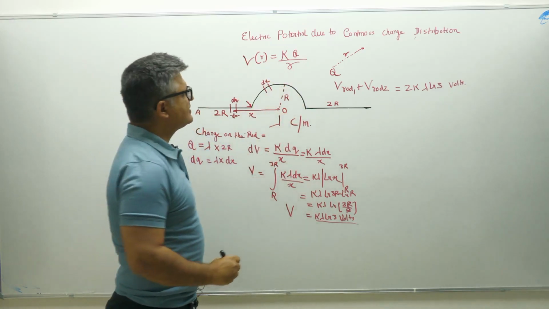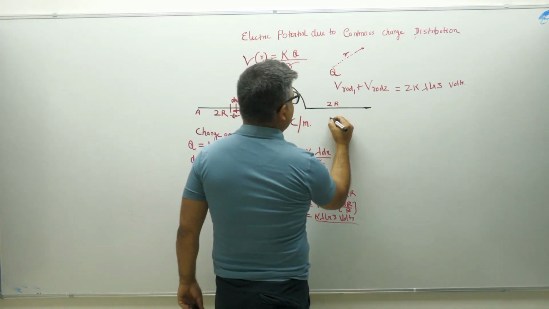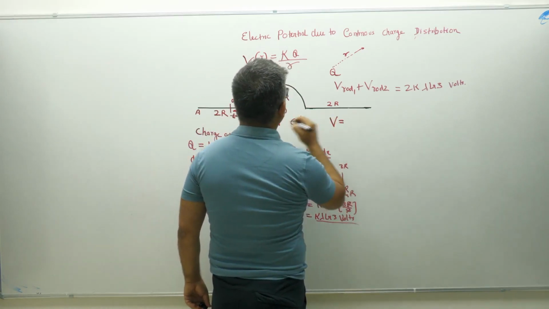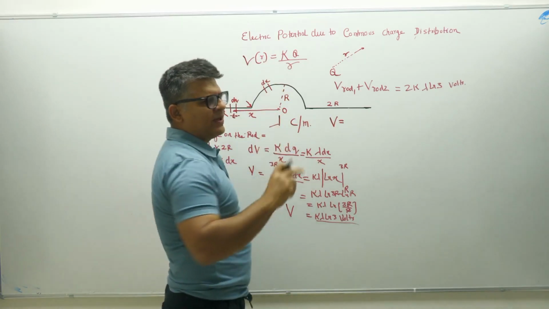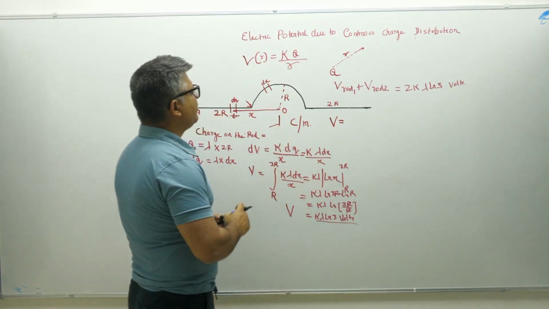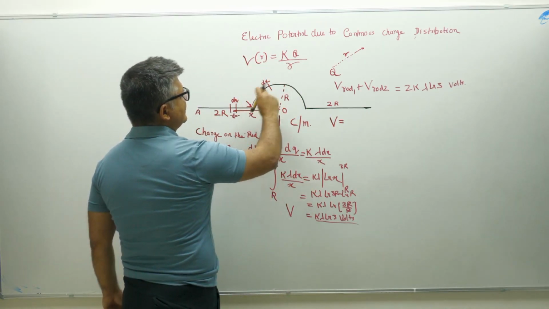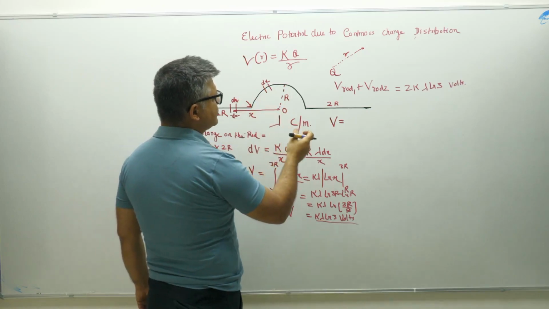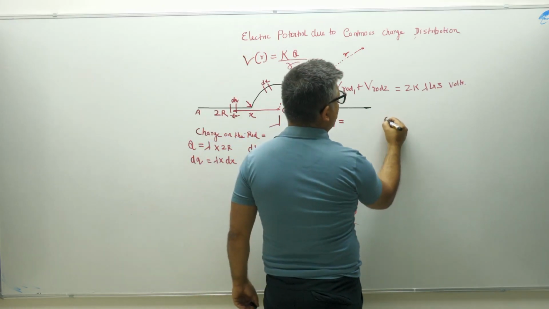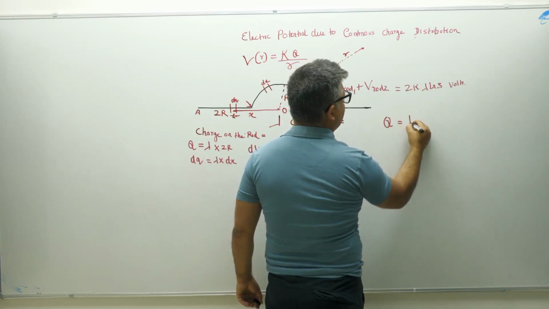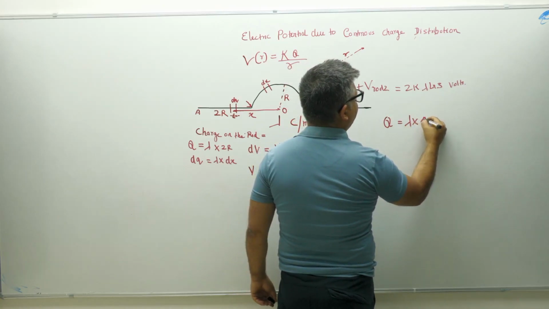The potential due to dx will be... and dx, by the way, because this is again a case of linear charge density, we know the charge density. So the total charge is going to be q equal to lambda multiplied by pi r.